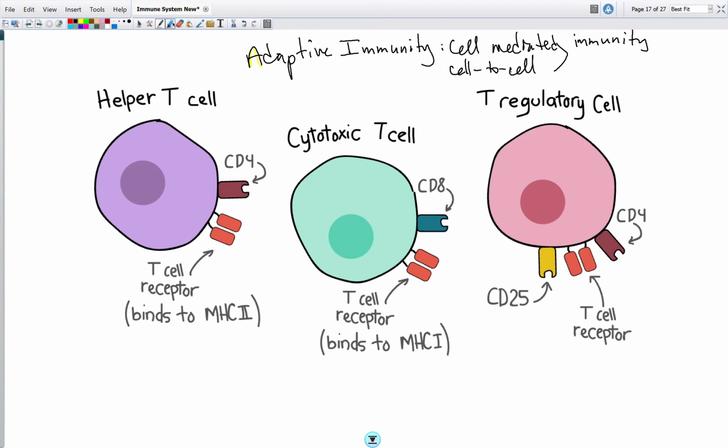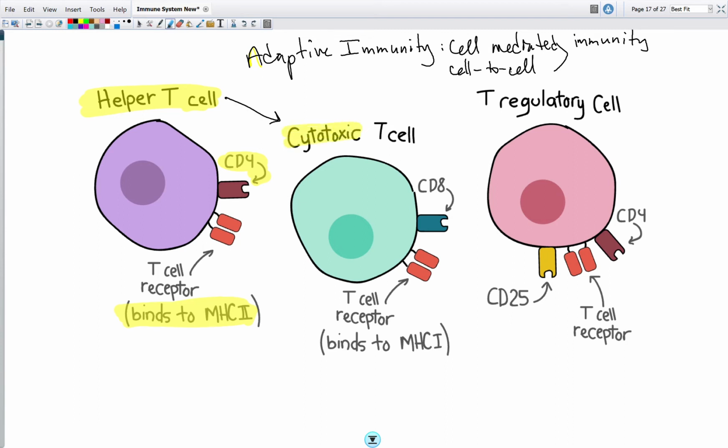There's 3 cells that do this. You have the helper T cells, which are like the generals. They use CD4 proteins to bind to major histocompatibility proteins to determine, hey, you're self or non-self. If it's non-self, the helper T cells then activate cytotoxic T cells.